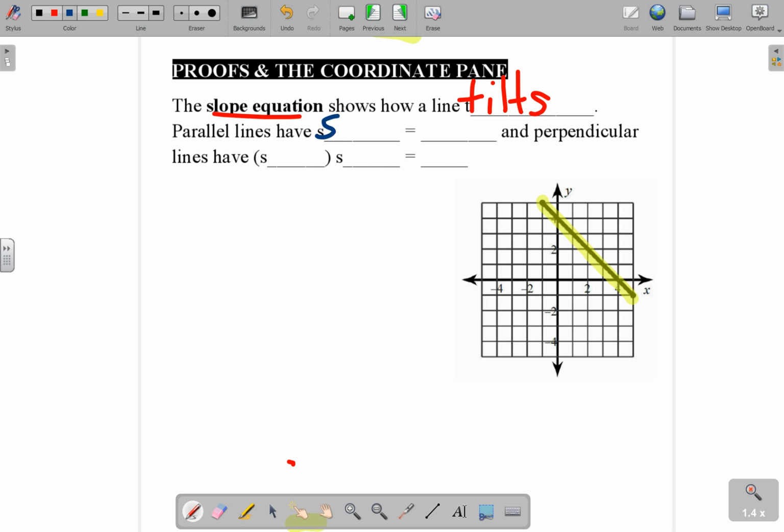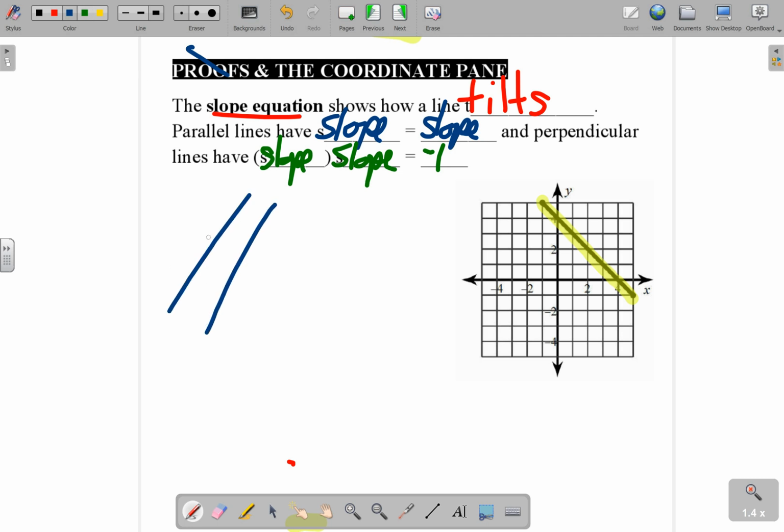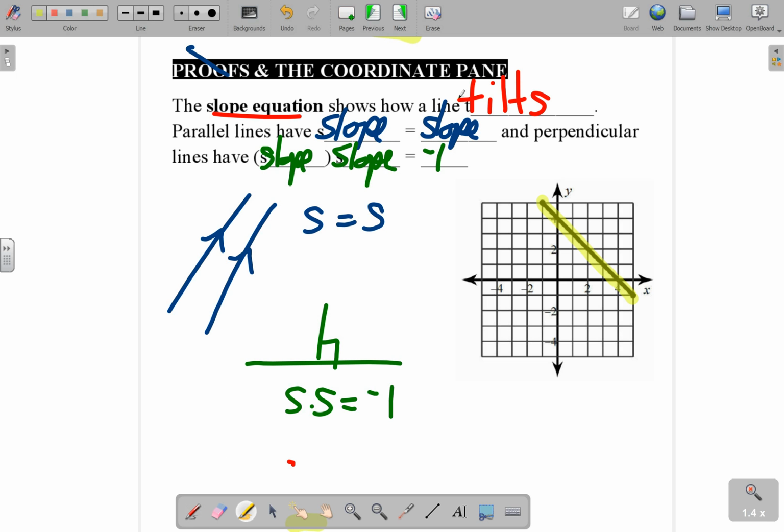Parallel lines have equal slopes. And perpendicular lines, the slopes multiply to -1. So whenever your proof involves the tilt of a line, you're going to be using the slope equation.